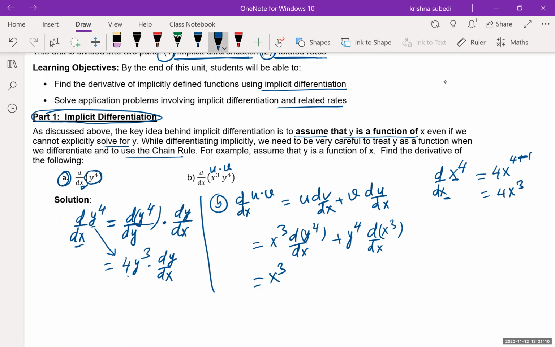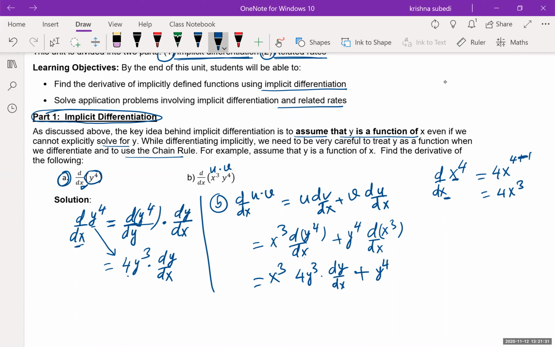So x cubed, and using the same method as before, y raised to power 4 is 4y cubed, and then since y and x are different variables, we must write that one extra factor using the chain rule as shown in part A, and plus y to the power 4.